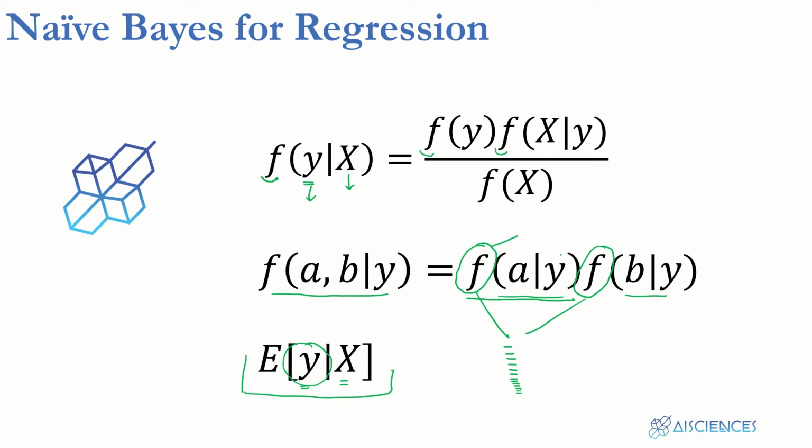One can think that all these individual items are Gaussian distributions. And so the final distribution, which is the multivariate Gaussian, actually depends upon the individual Gaussians.